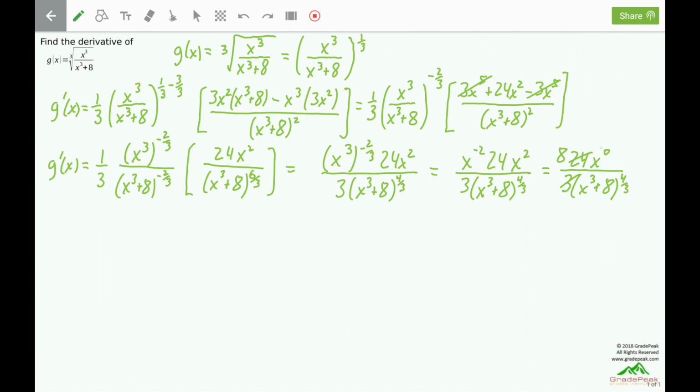And that x to the 0 will replace with a 1, and 8 times 1 is an 8. That should be as simple as we can write this derivative. It looks like it's going to be 8 divided by x cubed plus 8 to the 4/3 power. And there's our derivative, g prime of x.